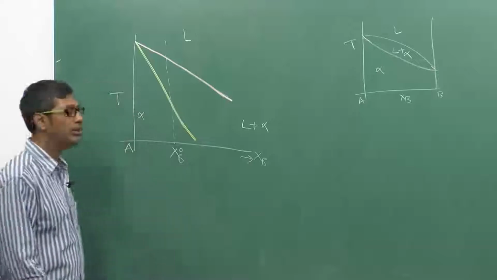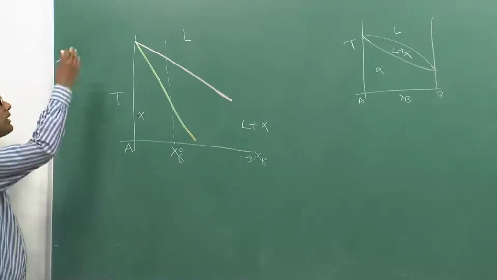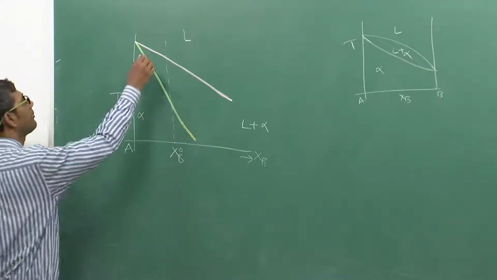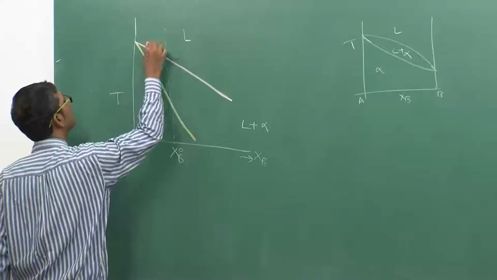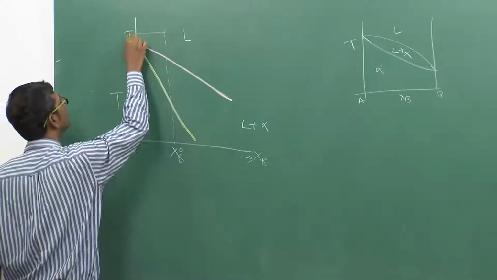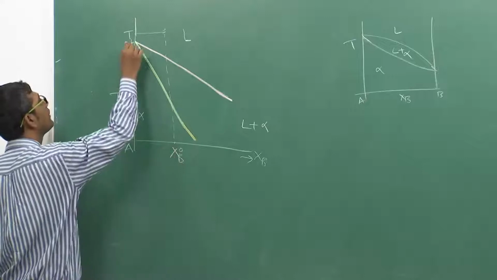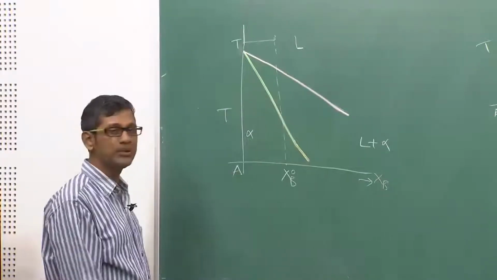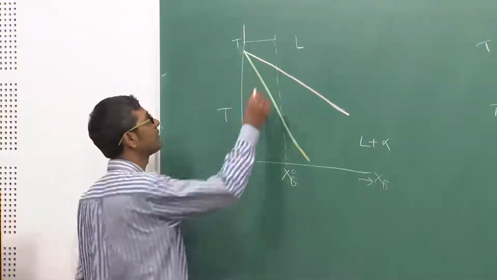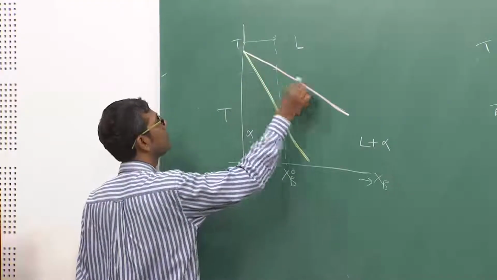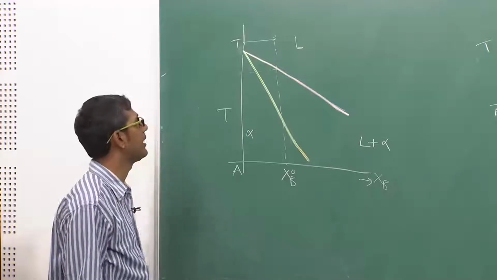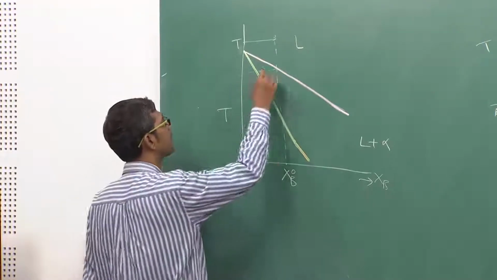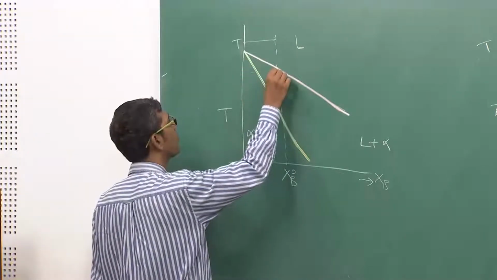So what will happen if I start cooling it down from the liquid? Suppose I start at a temperature somewhere there. This is my liquid temperature. As you see, if I cool it down till this temperature, the temperature line and the liquidus curve cross over.